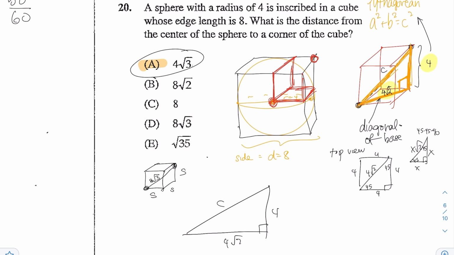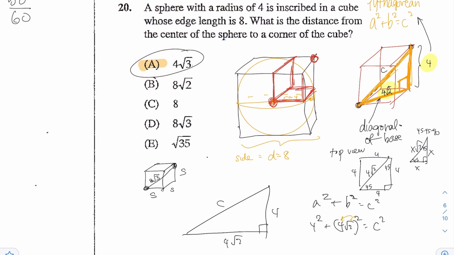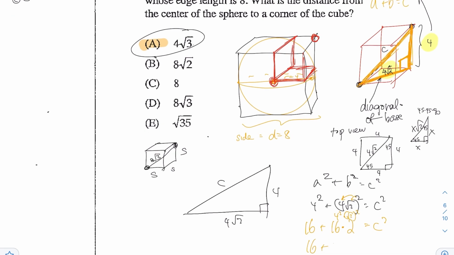You have a squared, which is 4 squared, plus b squared, which is equal to c squared, and that's 4 squared plus 4 root 2 in parentheses squared is equal to c squared. Here you have to distribute this exponent of 2. So you have 16 plus 16 times 2, because you have the square root of 2 squared. And that's equal to c squared. So that's 16 plus 32, which is equal to 48.